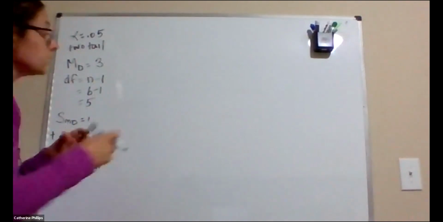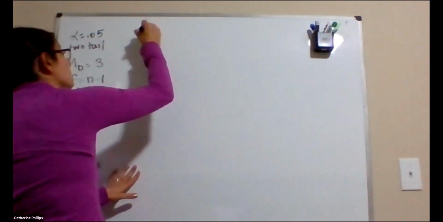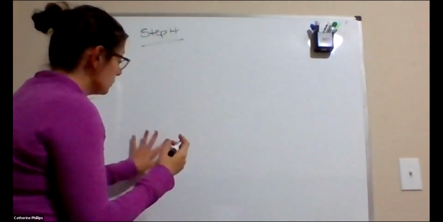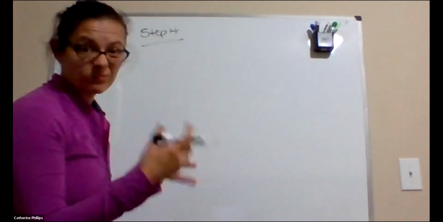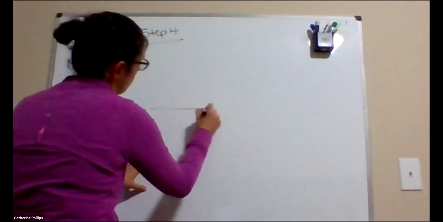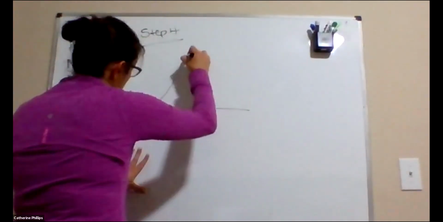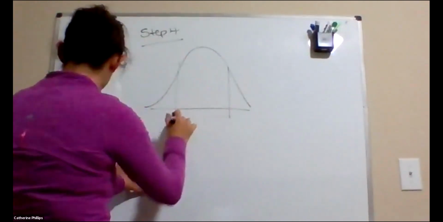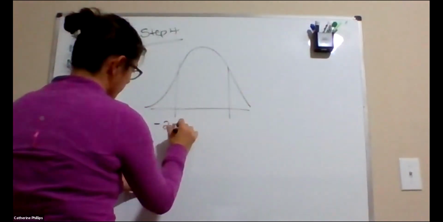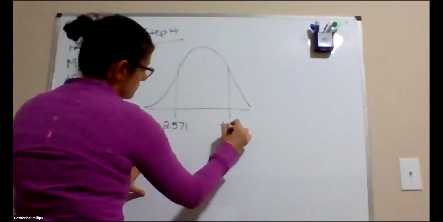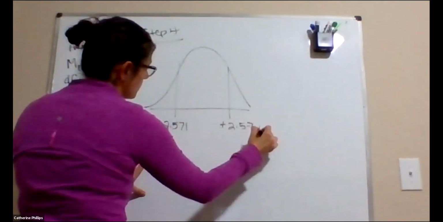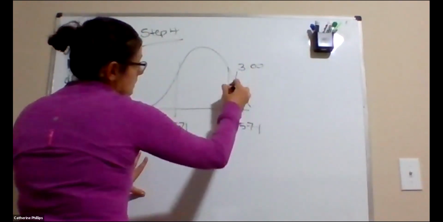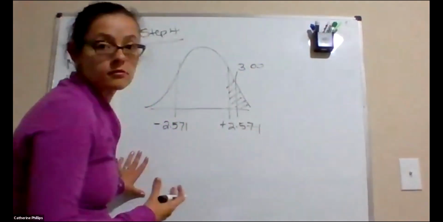So step 4, we need to make a decision, interpret it, provide some evidence. Those outer limits, minus 2.571, positive 2.571. The value we calculated is out here, it's 3, so it's in this rejection region.